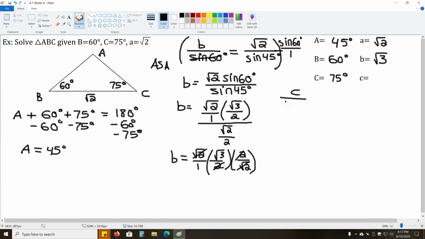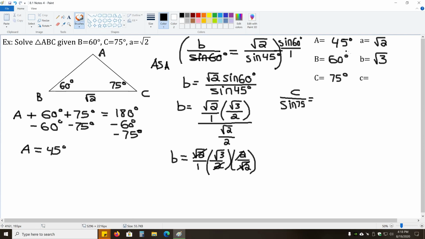So c over sine of 75 degrees equals, and now we need to use either b over sine of b or a over sine of a.